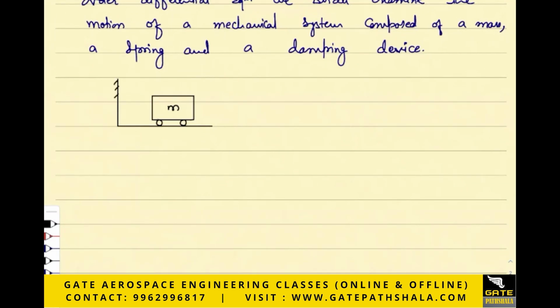Leave the friction. The whole system is like this. The mass is free to roll on this. It is connected to a spring of stiffness K and a damping device with a damping coefficient C. Let's say there is a force of excitation which depends on the time t.